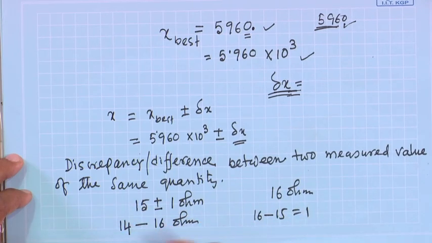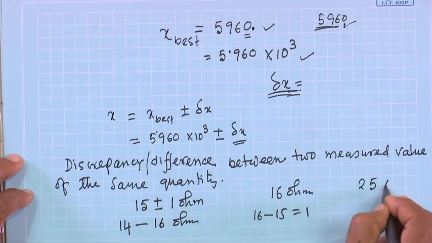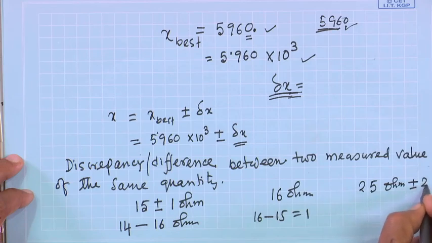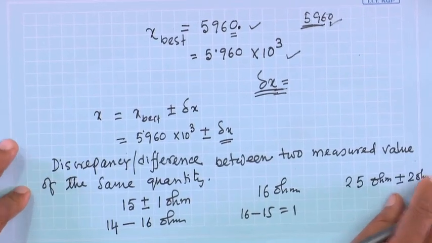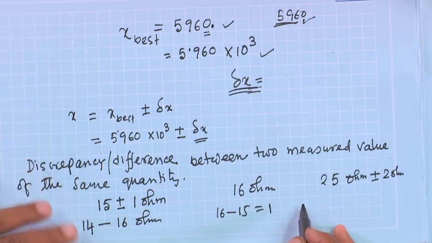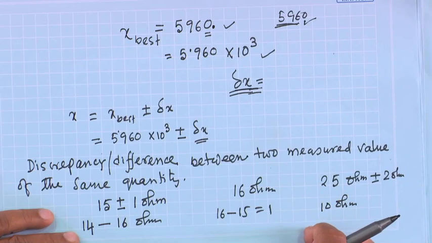Or it may happen that the standard true value is not available, but your friend has measured the same resistor and got, say, 25 ohm, with a reported error of 2 ohm. Then the difference is 25 minus 15, which is 10 ohm.